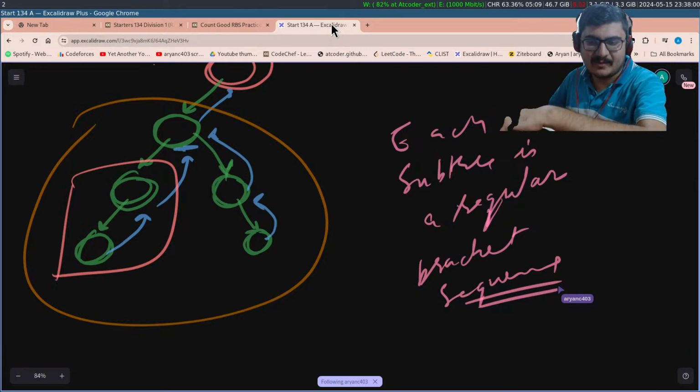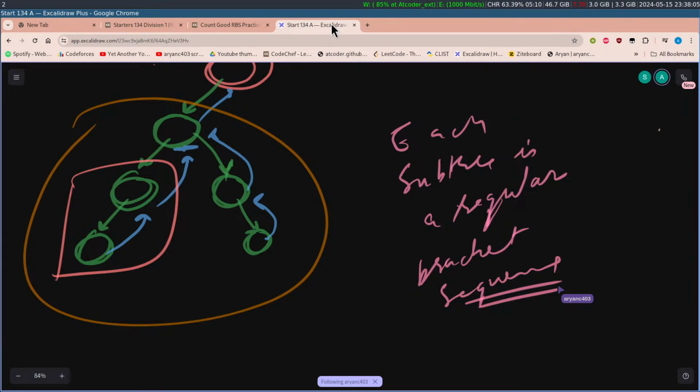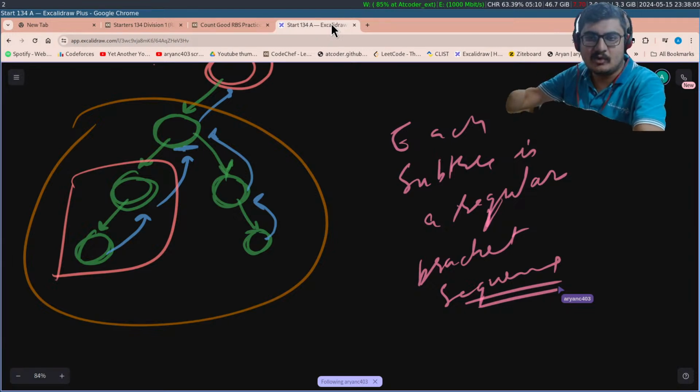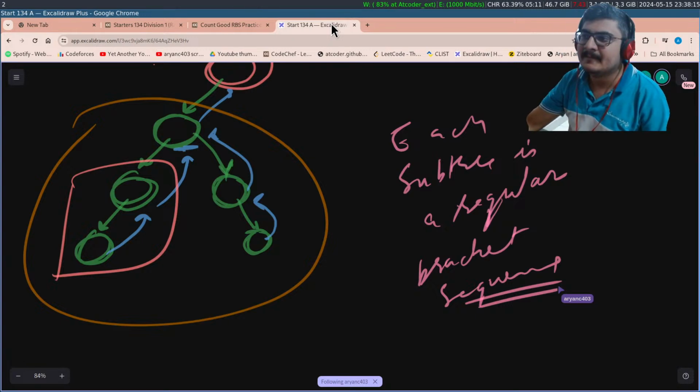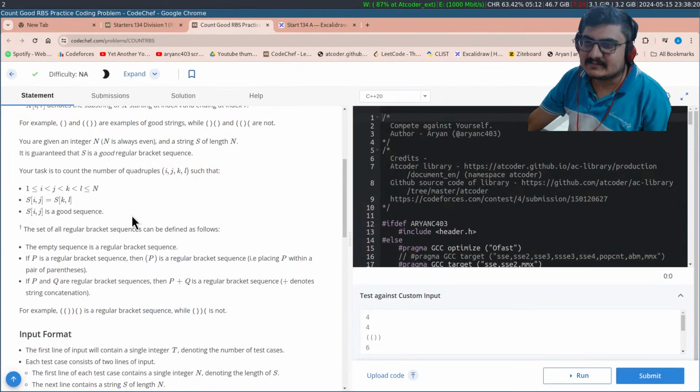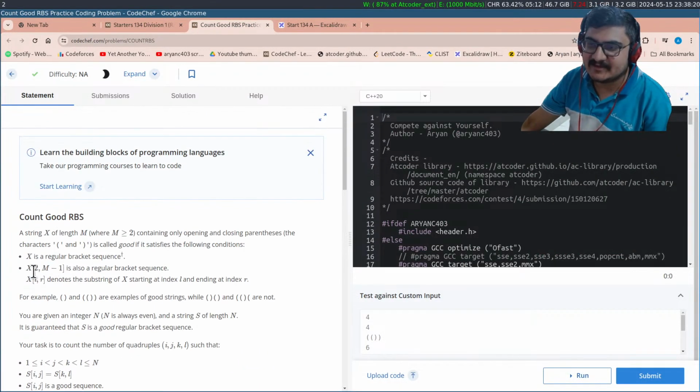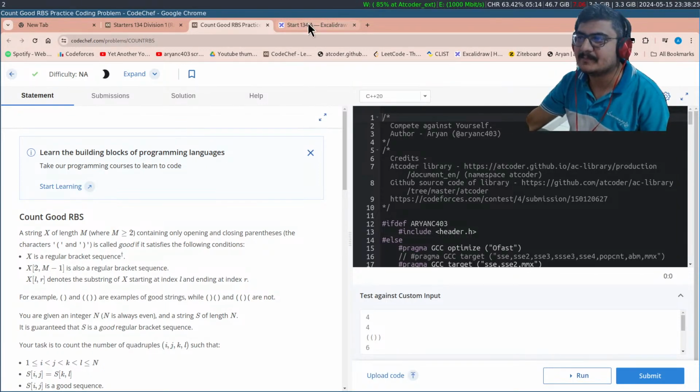So if you start from a node, move to some nodes in the children and come back to it, whenever you move down you add one closing bracket to move up as well. Because you did not move past the parent, there was always a valid node. This definition is critical: the difference between a regular bracket sequence and a good sequence was that when you remove the first and last element, whatever remains is a regular bracket sequence as well.